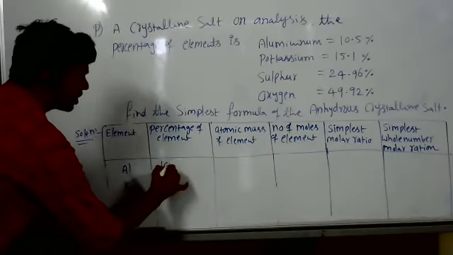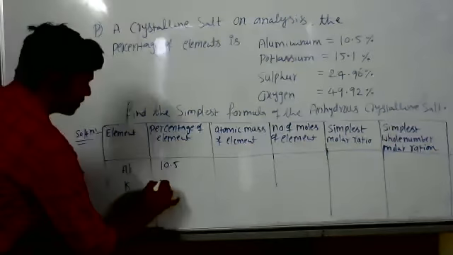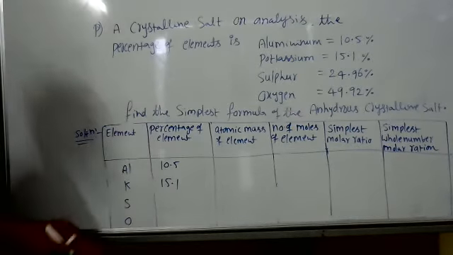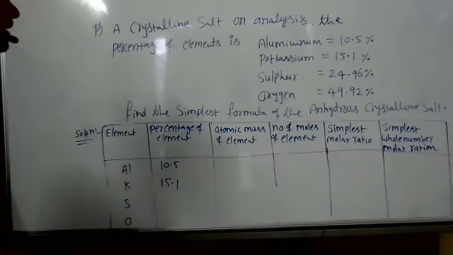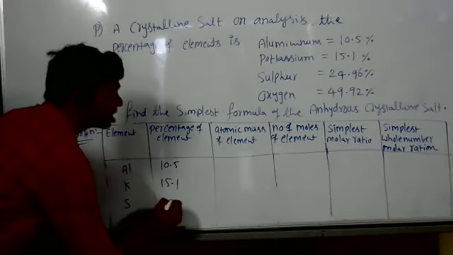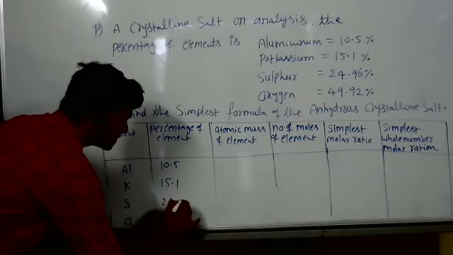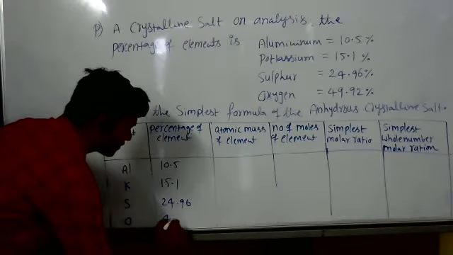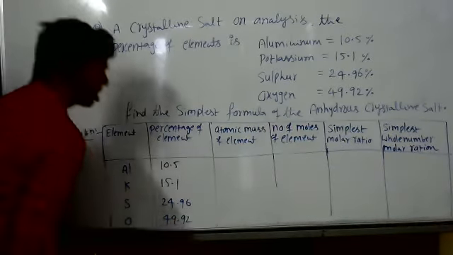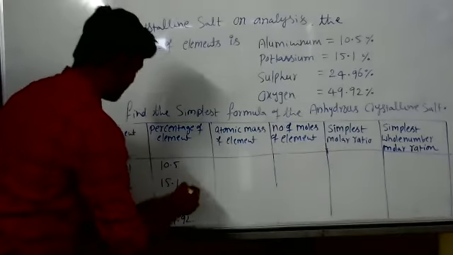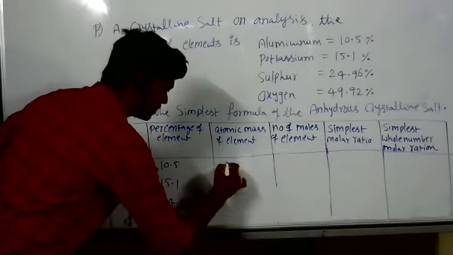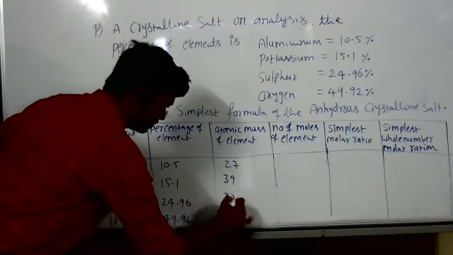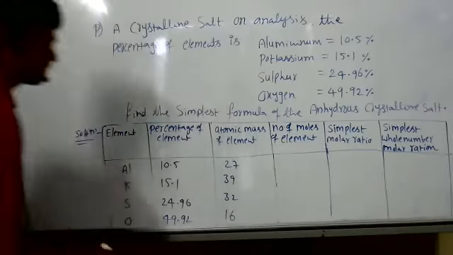Percentage: aluminum 10.5, potassium 15.1. So here 15.1 is there, so you calculate for 15, no problem. It will come almost as the correct value only. Next, sulfur is 24.96, so you can take this as 25. And oxygen is 49.92. Atomic mass of aluminum is 27, potassium 39, sulfur 32, oxygen 16. Now calculate number of moles.